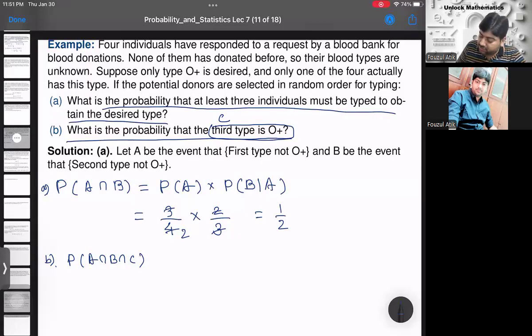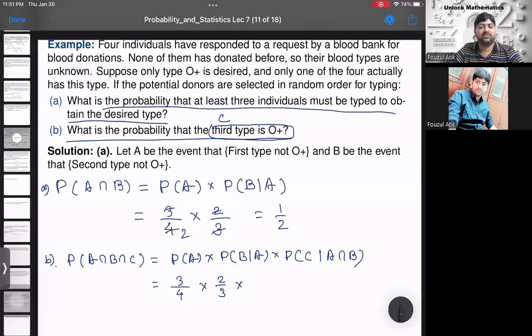Right? Now we know the multiplication rule. It is P of A times P of B given A times P of C given A intersection B. Now the P of A value we have already checked. It is 3 by 4. P of B given A is 2 by 3.